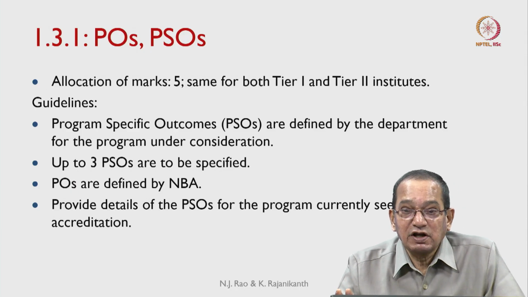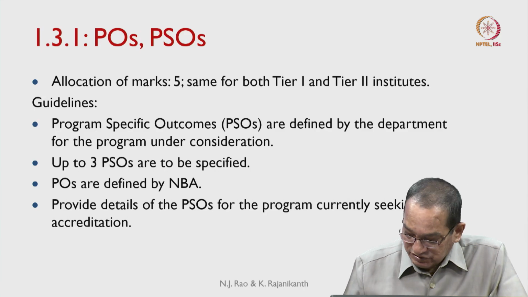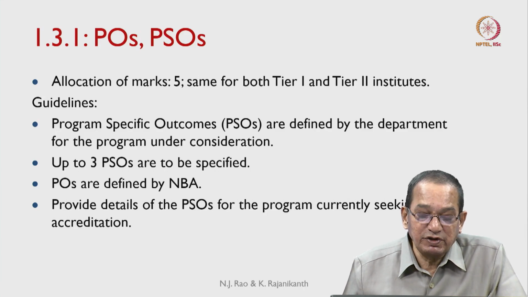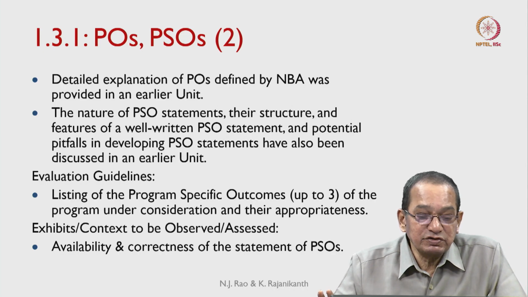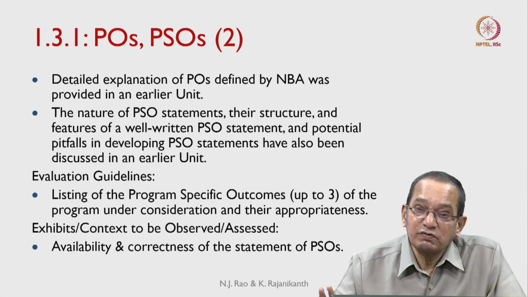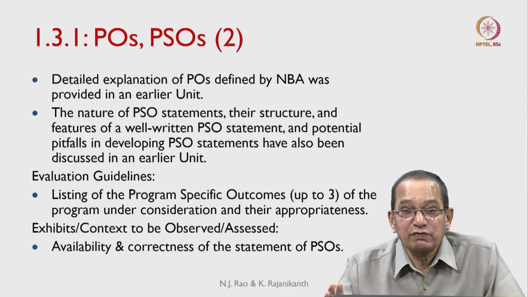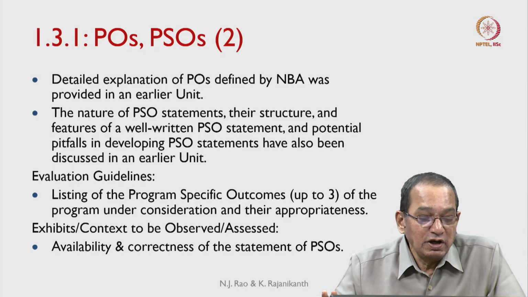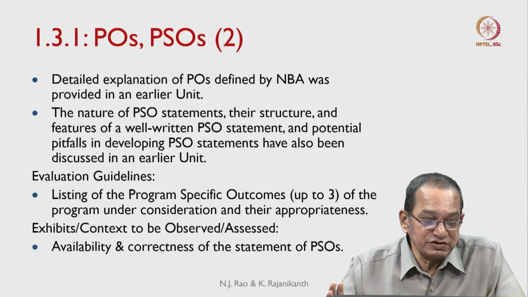As I mentioned in an earlier unit, we discussed how PSOs have to be arrived at, and the structure of the PSO statements also. A detailed explanation of the POs defined by NBA was provided in the earlier unit, and the nature of PSO statements, their structure, the features of a well written PSO statement and potential pitfalls in developing the PSO statements have also been discussed in the earlier units as part of outcome based education.